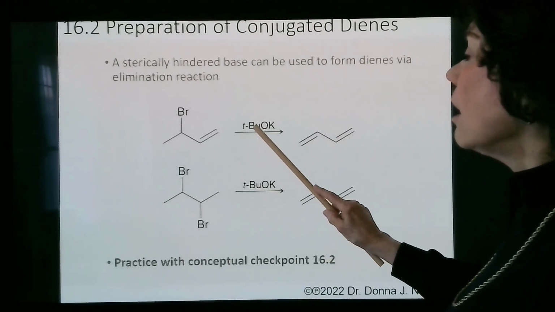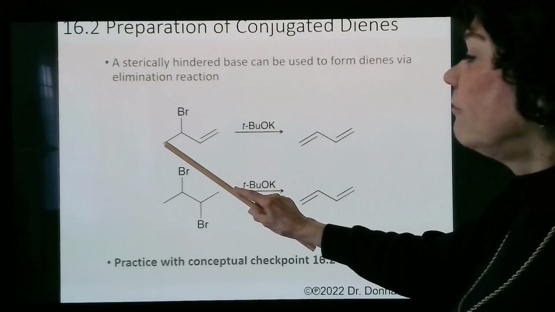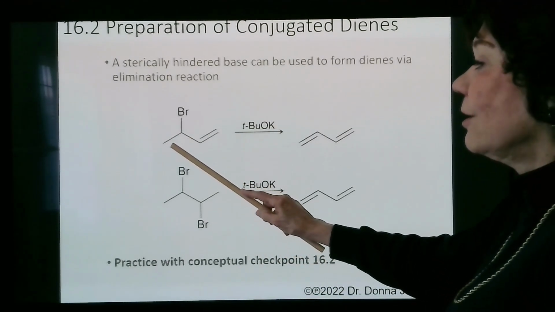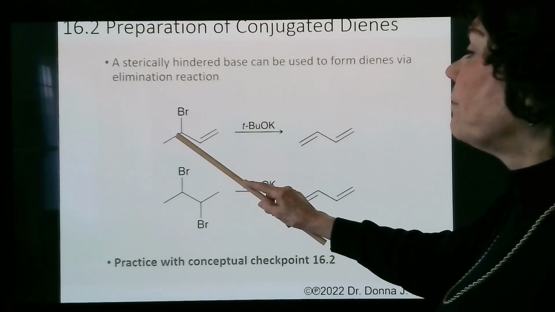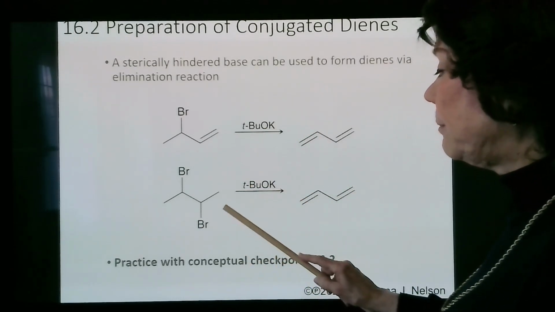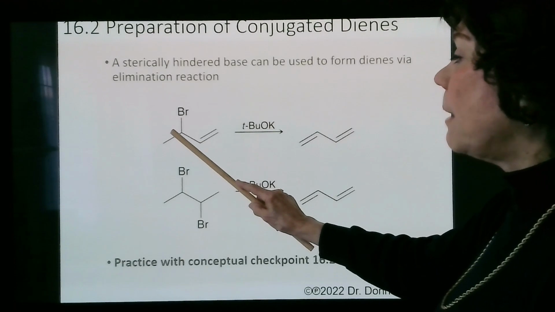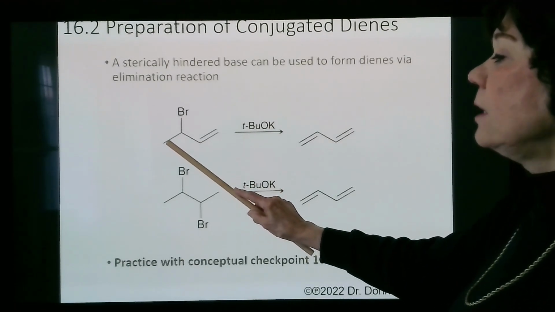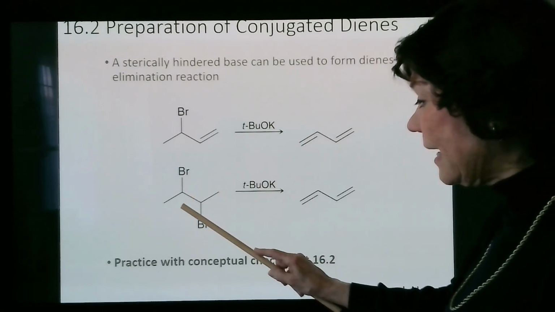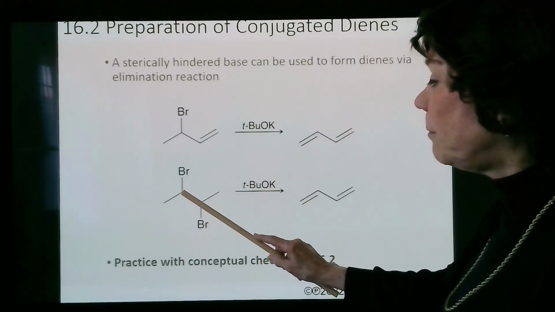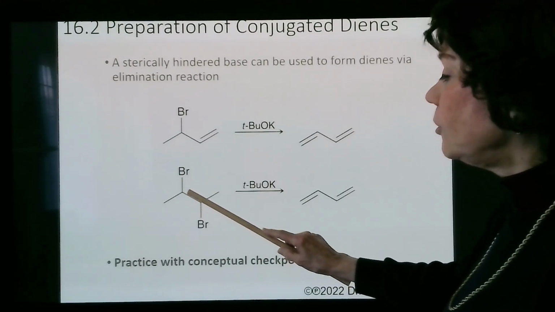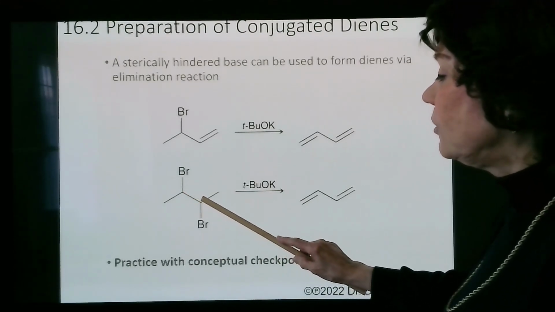So the proton that this will abstract will come from the less sterically hindered carbon, and generate a terminal carbon-carbon double bond. That is not important up here because really there's only one proton that can be abstracted. But down here, you could have the possibility of having the carbon-carbon pi bond generated in between C2 and C3.